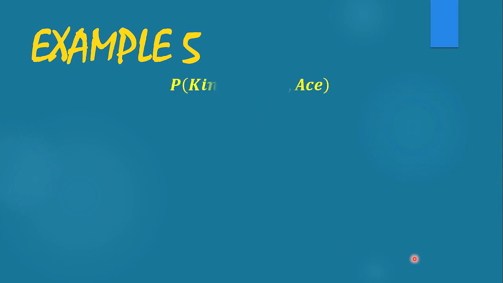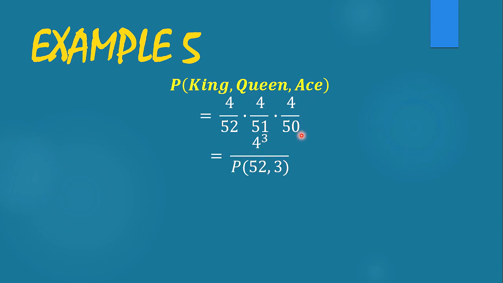Now, the probability of getting a king, and then queen, and ace will be 4 over 52 times 4 over 51 times 4 over 50, which is equal to 4 cubed over, since we mentioned the word order a while ago, this is an example of permutation.